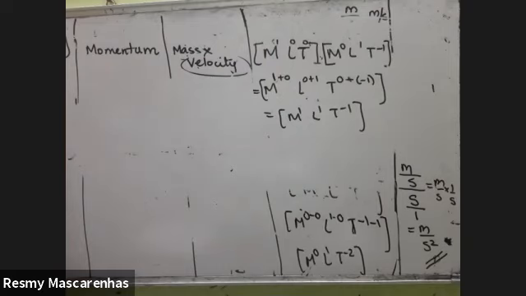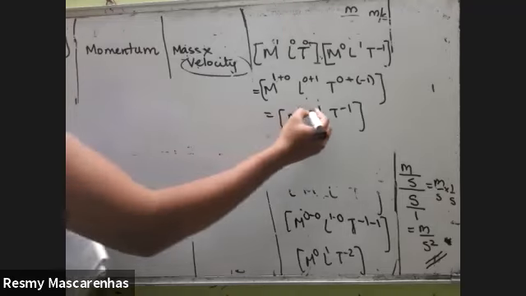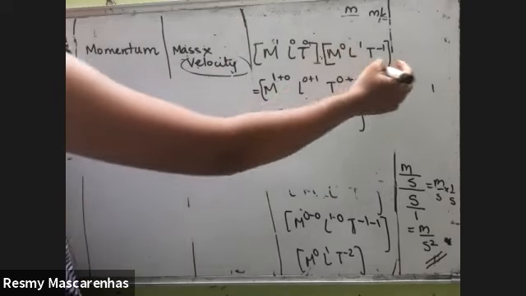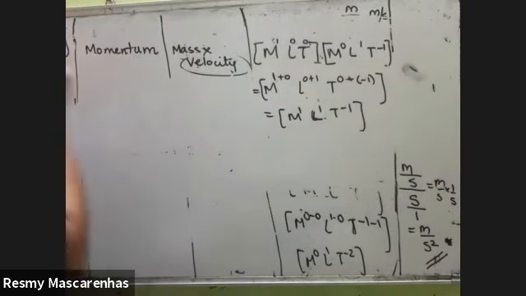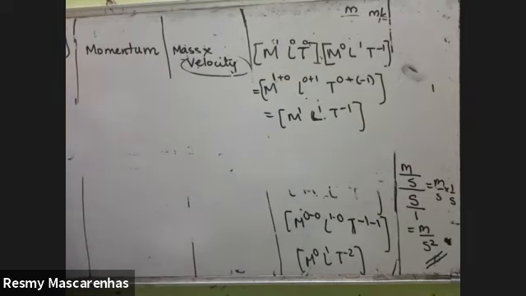Something? Someone said? No, it's correct, no? So mass will be, you can write the unit now. Can anyone tell me the unit? What is the unit for mass? Given already.